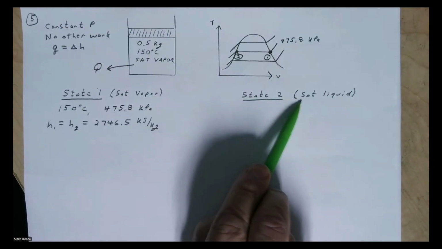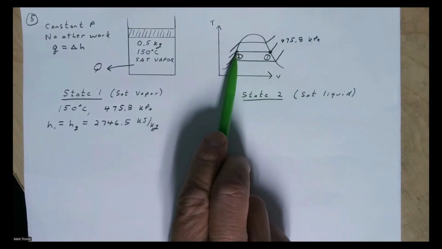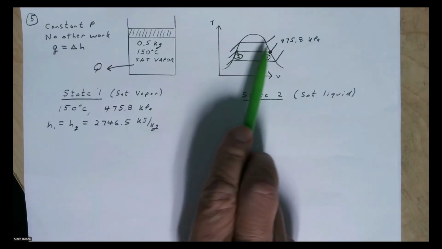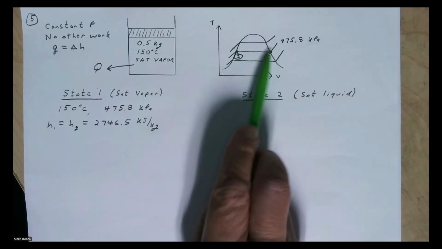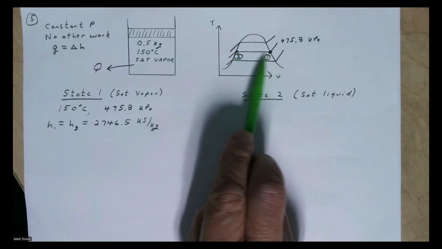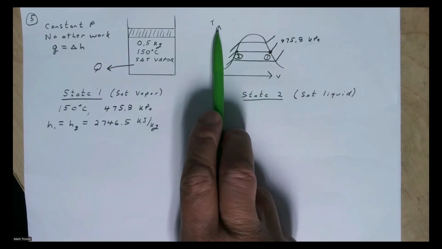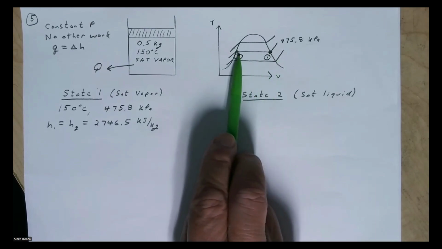And then we're going to have a saturated liquid at the end. Now, obviously, our pressure is going to stay the same. So we want to find what's going to happen at state 2. So we're going to have the same pressure at state 2. And actually, if you look at how we've drawn this here, notice the temperature will also be the same because it's a horizontal line here.